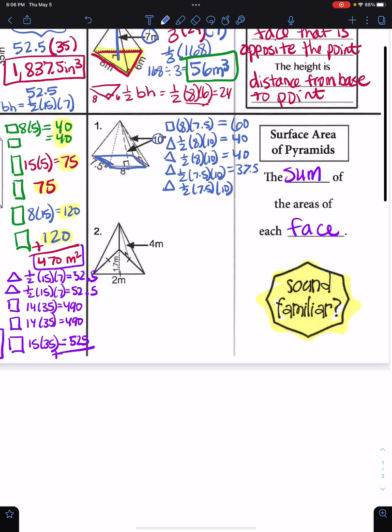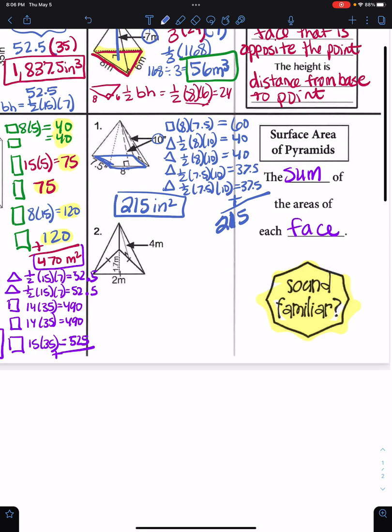And we're going to add them all up. So 37.5 plus 37.5 plus 40 plus 40 plus 60 gives us 215. It's kind of hard to read there because it's overlapping the line, and it's inches squared.